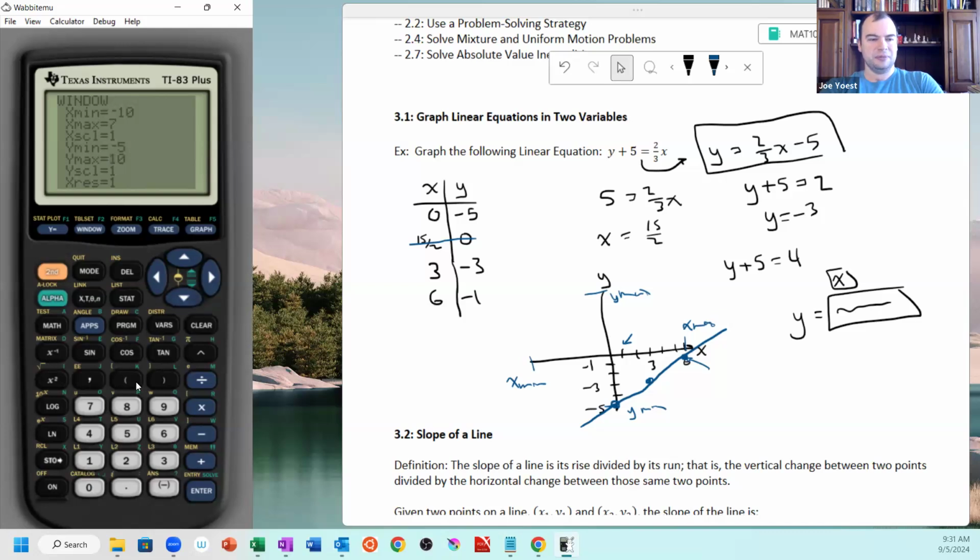So I'll say y max is about 5. And then similarly, my x-axis from what I drew here, the left side looks about the same size as the right side. So I'll do -7 maybe for x min. And now I have a picture that looks almost exactly like the one that I drew over here.